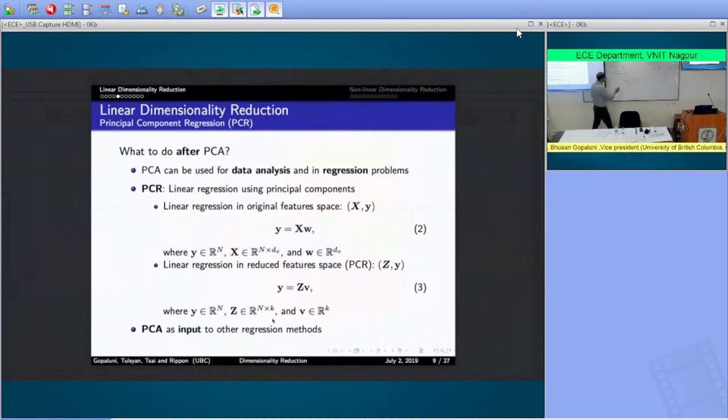So you can write any matrix in this form where U and W are orthonormal matrices, and this lambda is a diagonal matrix. Okay. So this type of decomposition is possible using singular value decomposition.